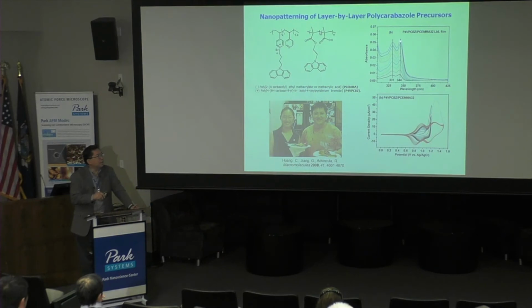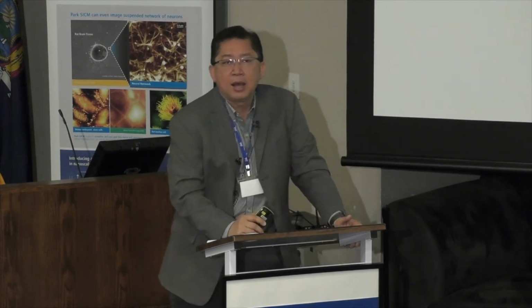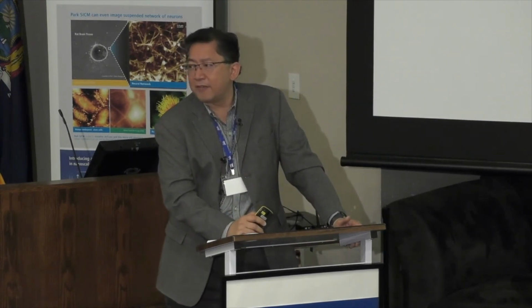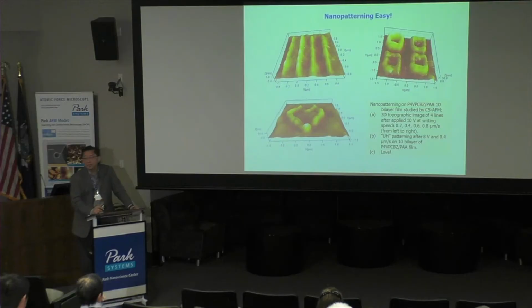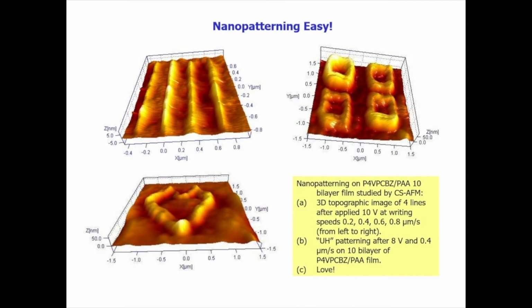So we prepared films using the layer-by-layer approach. Basically, we alternate these polymers, and then we electropolymerize them, so we cross-link them through the carbazole units. And then I asked Gotchan, why don't you pattern it? Use AFM to make some nice patterns. So he did. He made lines, he studied the effect of height based on current, and he made a lot of studies. Now, they like to work together.